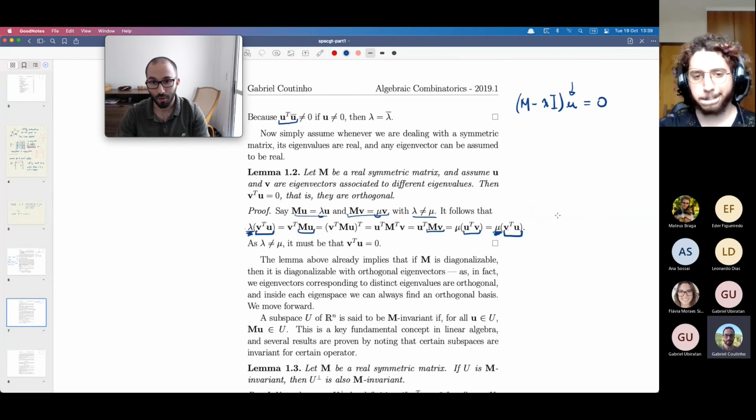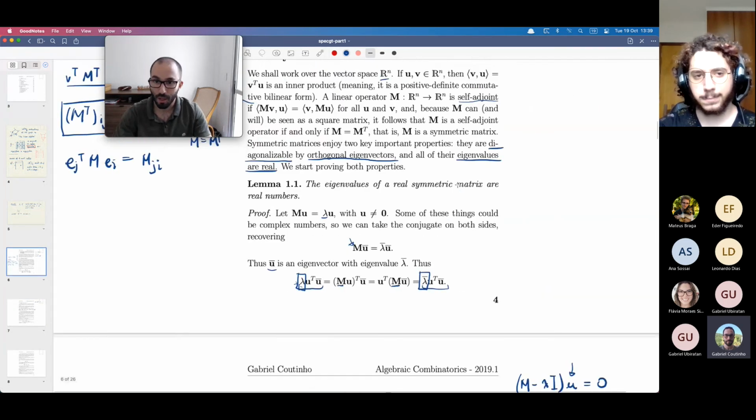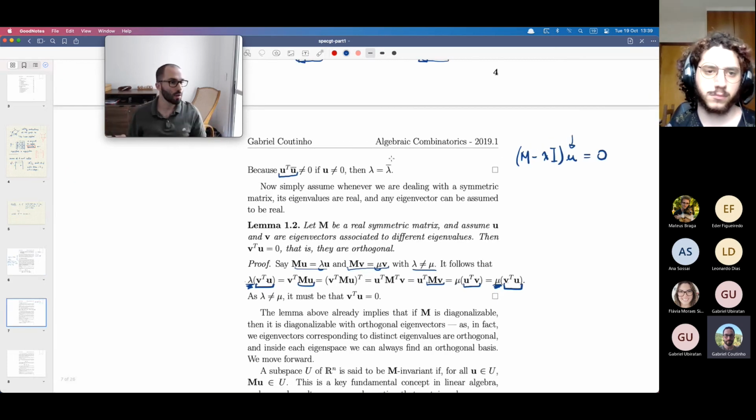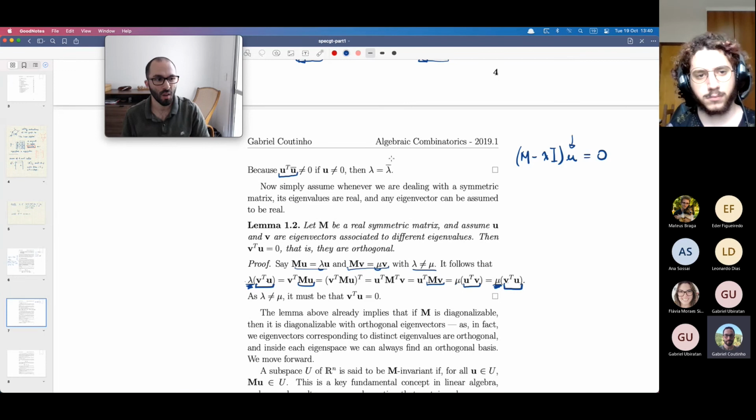Basically I already showed that, because if eigenvectors corresponding to different eigenvalues are orthogonal, and I have an eigenspace with dimension bigger than 1, I can always choose an orthogonal eigenbasis. So for each eigenspace, I have an orthogonal eigenbasis, and if I pick two different eigenspaces, everyone in one of them is orthogonal to everyone in the other.